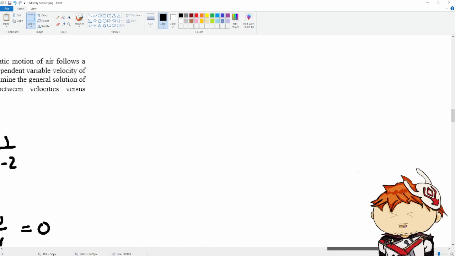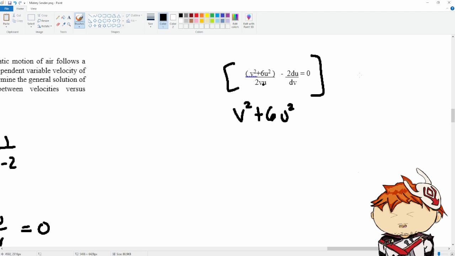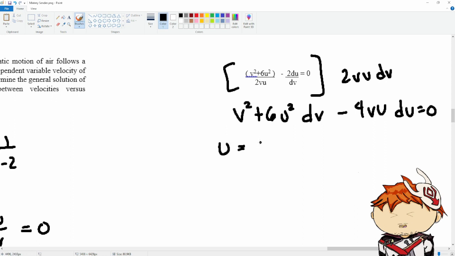This seems to be a homogeneous type. Okay, this seems to be homogeneous. v squared plus 6u squared, multiply both sides by 2vu dv. So this dv minus 4vu du is equal to 0. It's a homogeneous equation, so let's substitute u with xv, right?